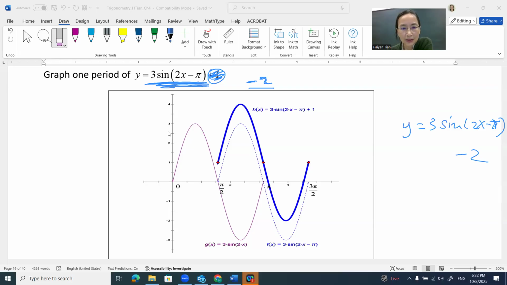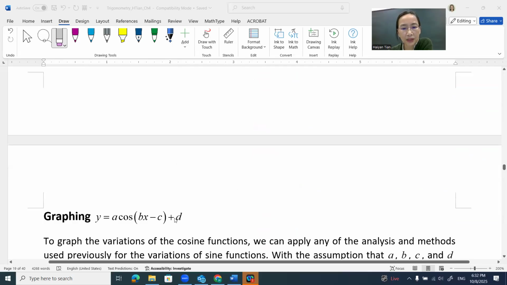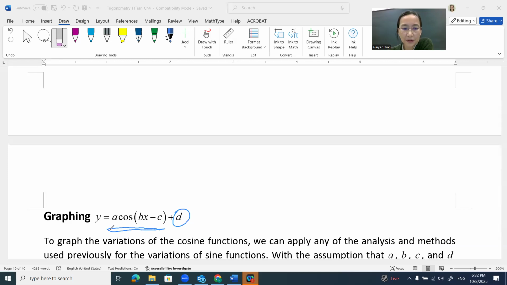So the effect of this number d: when d is positive, after you produce this function, you move that portion upward by d units.